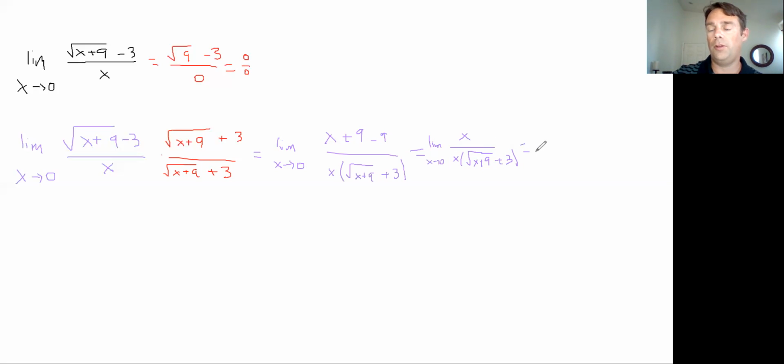And lo and behold, I clearly know that there will not be a 0 anymore in my denominator. I'm able to rewrite it in a form that I actually can evaluate. So my x's go away. I'm left with 1 over the square root of x plus 9 plus 3. So when I plug my 0 in there, I get 1 over root 9 plus 3, which is going to be 1/6.